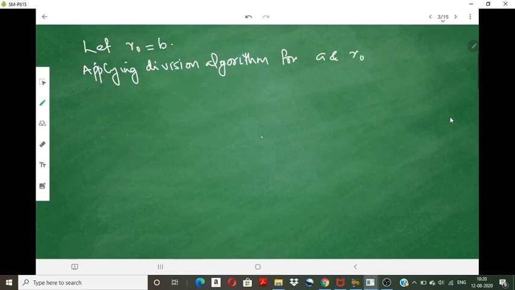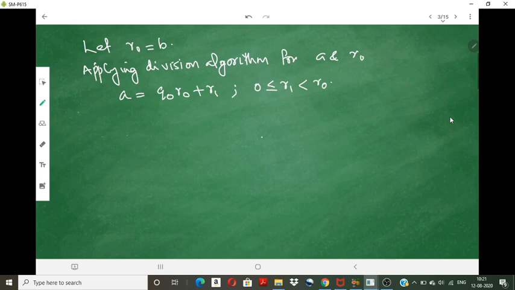We can write a, by the division algorithm, as a equal to q naught r naught plus r1, where there exist unique integers q naught and r1, and r1 has the property that 0 is less than or equal to r1, which is strictly less than r naught, the divisor.